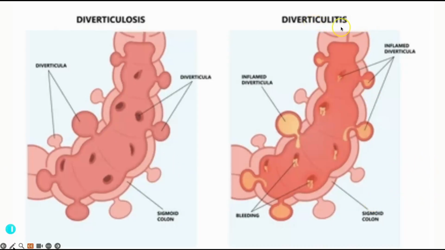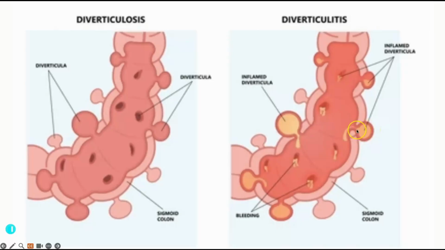And then in the image on the right, when the diverticulum become obstructed, that can lead to diverticulitis. Diverticulitis happens when these little outpouchings become inflamed or infected.